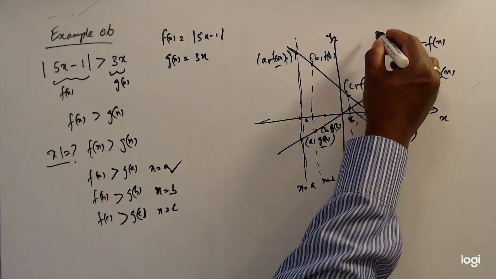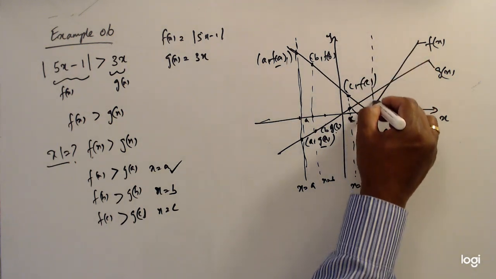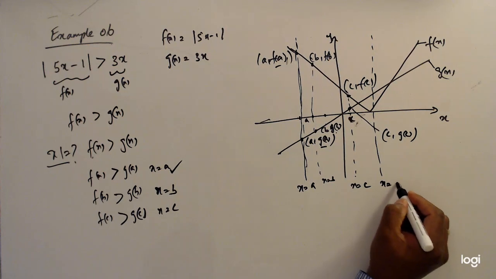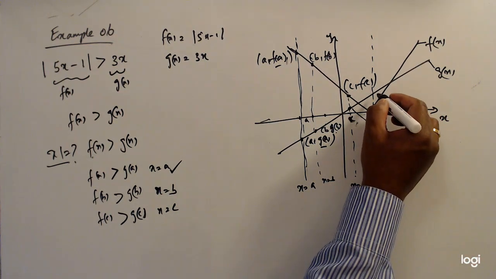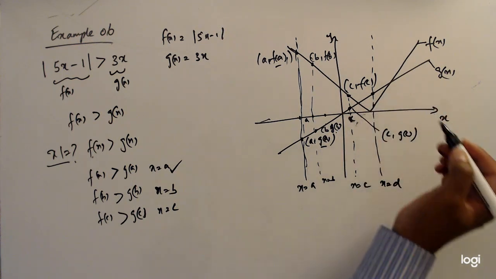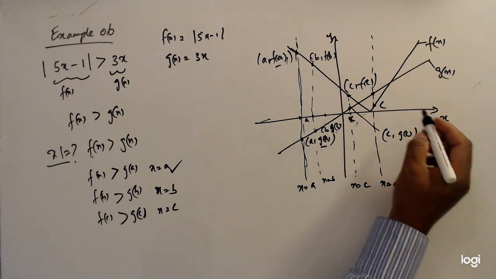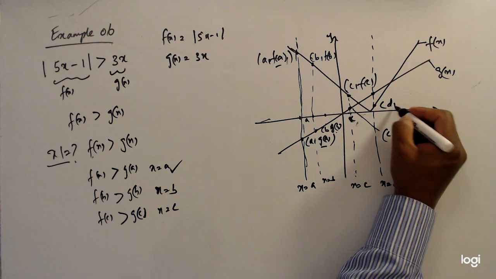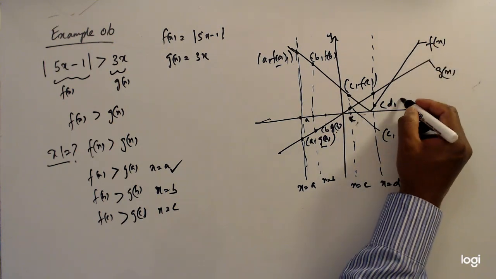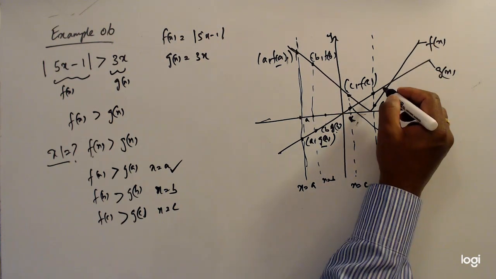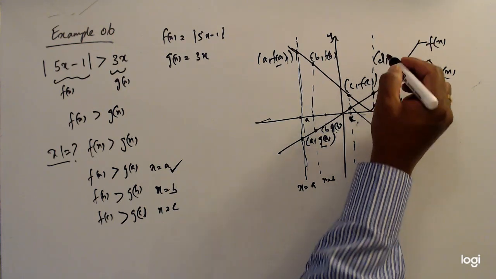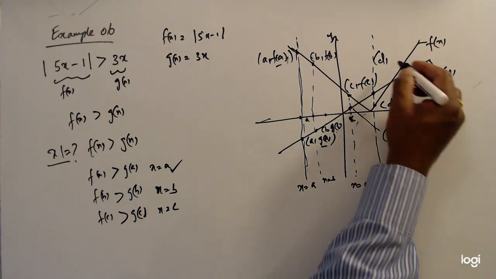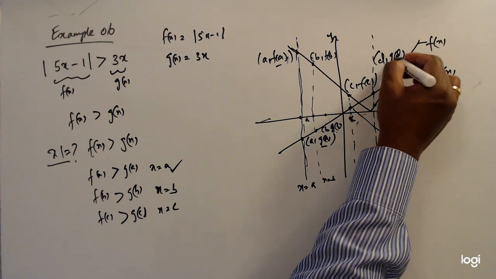How about this value, x equal d? It intersects here and here. This graph is the f graph, so this is fd, and this graph is g, so this is gd.